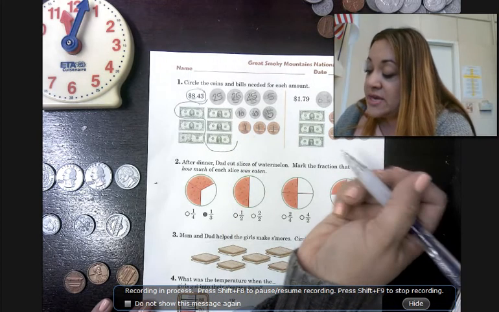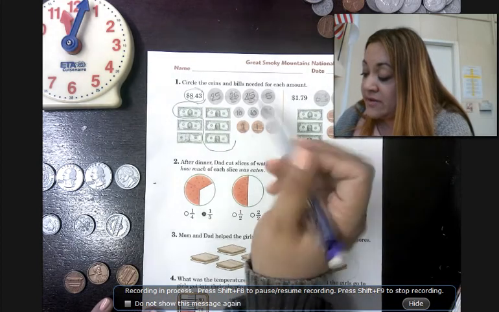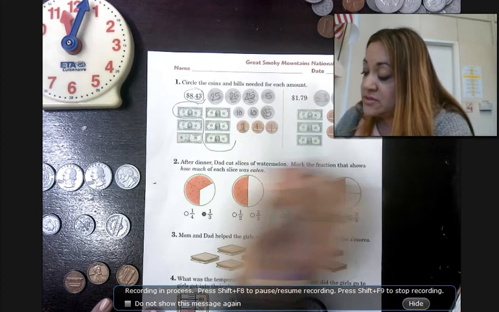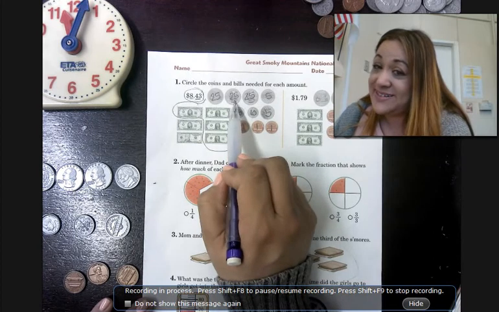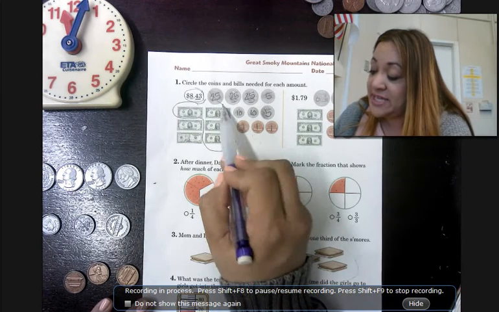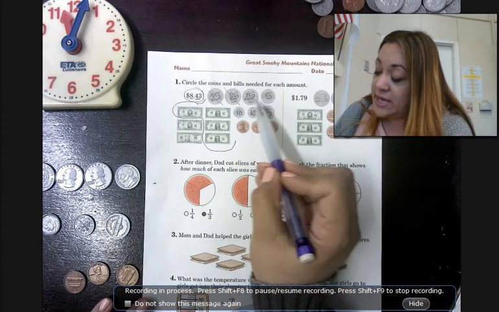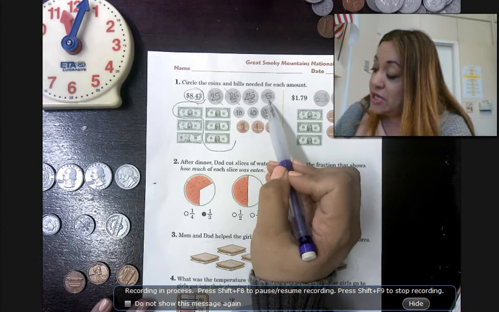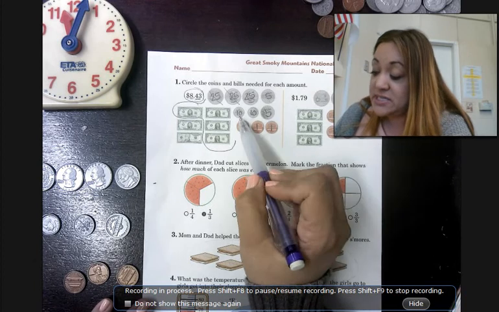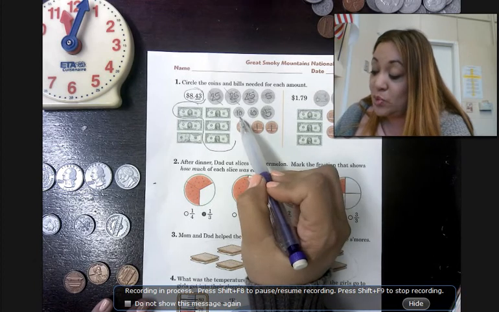Now what I gotta do is figure out what is 43 cents. So let's see, 25 and 25, that's 50. That's a little too much, so I don't think I need these guys. Okay, so 25 and 5, ooh, that's 30 cents. 30 cents plus this 10, ooh, that's 40.